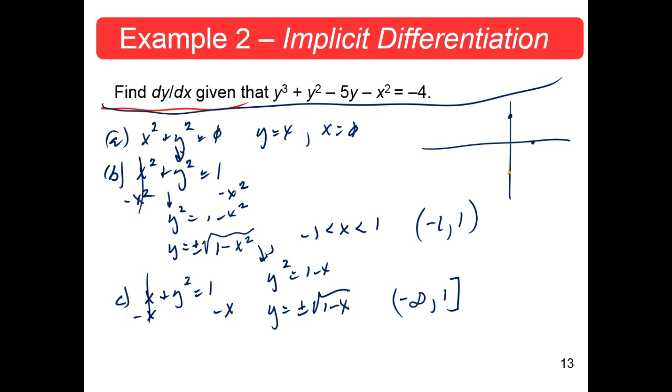Then I'm going to go out on a limb and go out to negative 3. What happens at negative 3? X equals negative 3. The square root of 4, which is 2 or negative 2.